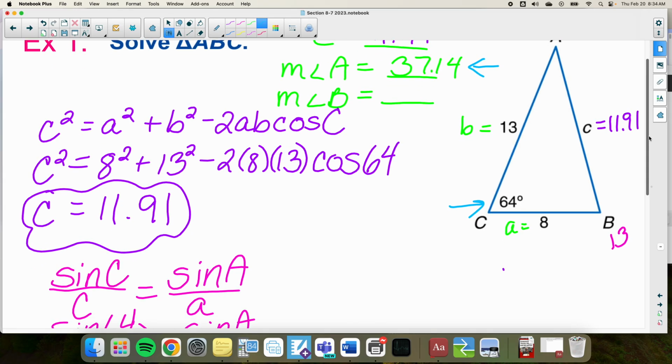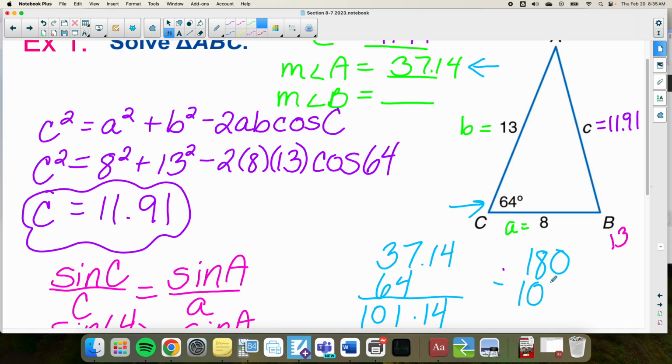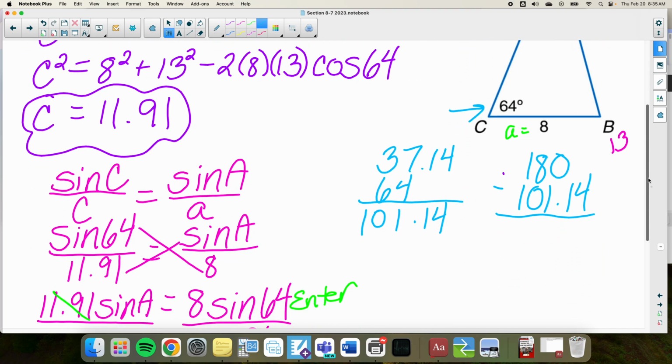So I just add those two together. 37.14 plus 64, which is going to be 101.14. And then I'm going to subtract that from 180.